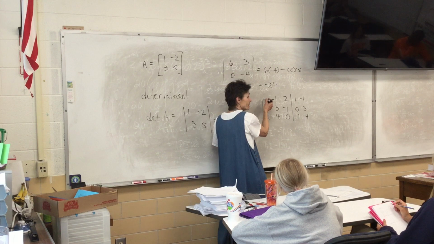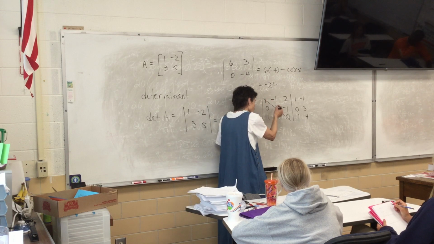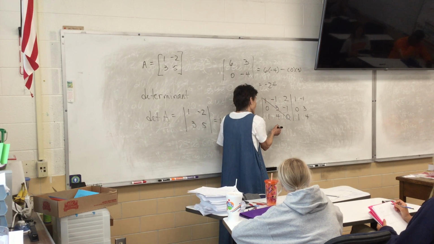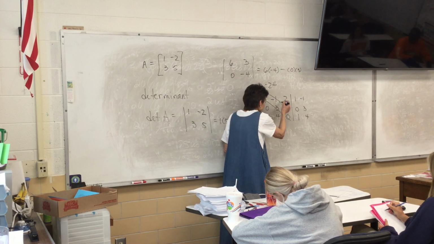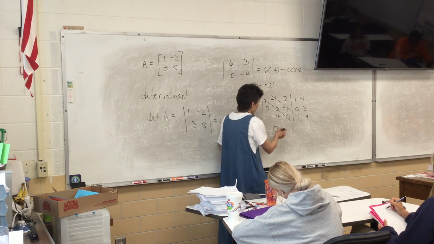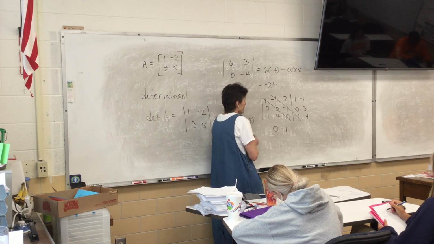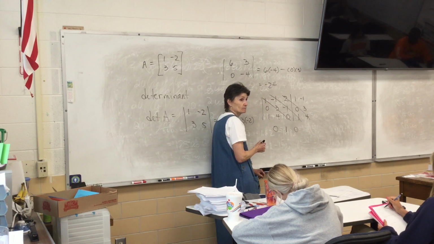Then you start right here, and you multiply those 3 numbers together. So multiply, and you get 0. And then you multiply these 3 numbers together, and you get 1. And you multiply these together, and you get another 0.